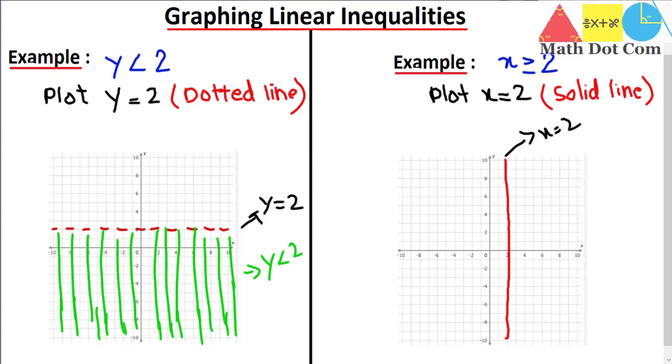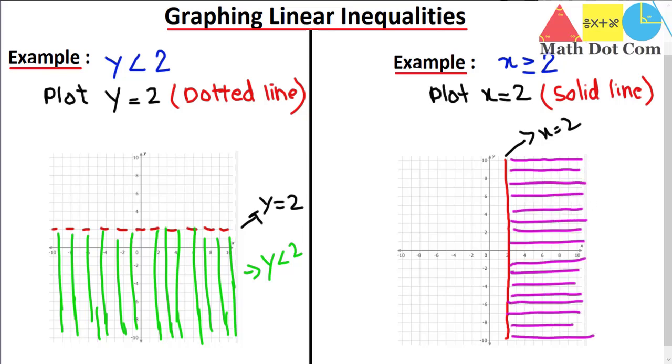So the solution set will be this area, including this solid line, because there was an equality sign in the given inequality. So this area is representing x greater than and equal to 2. It means 2 will be included as well as the values of x that are greater than 2. So this is how you will plot the linear inequalities.